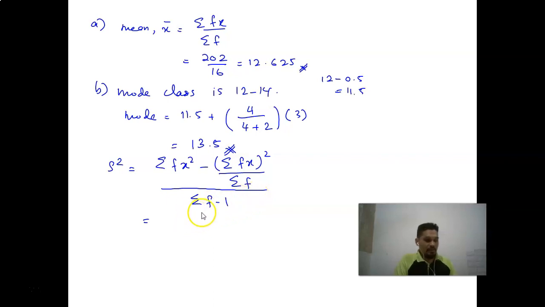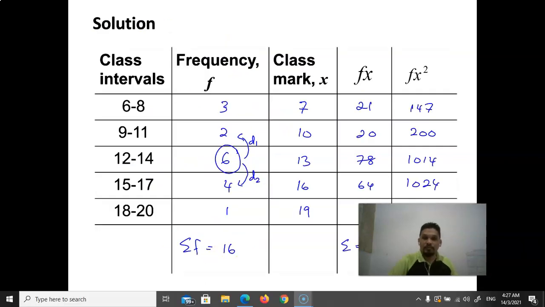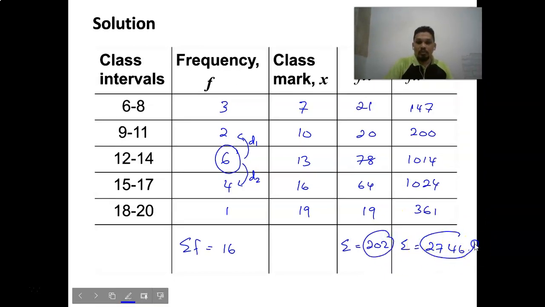It gives us 2746 minus 202 squared divided by 16, divided by 16 minus 1, which is 15. Here 202 and 2746, where the summation of f equal to 16.